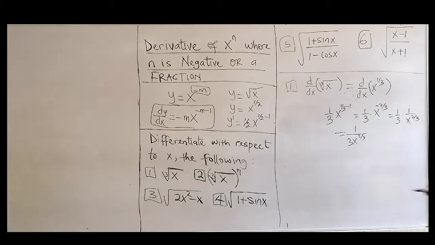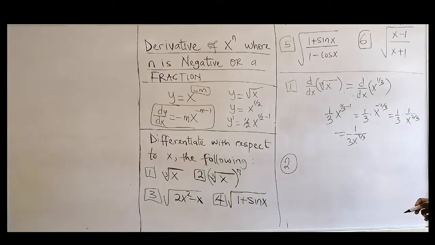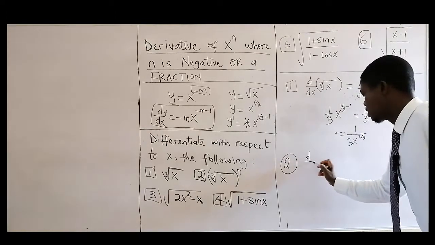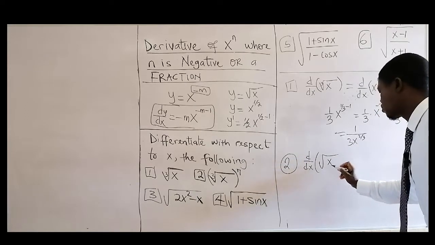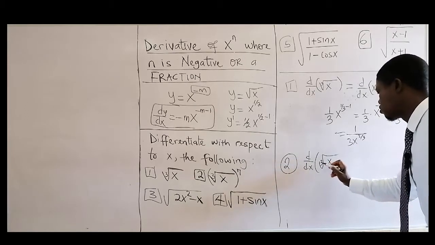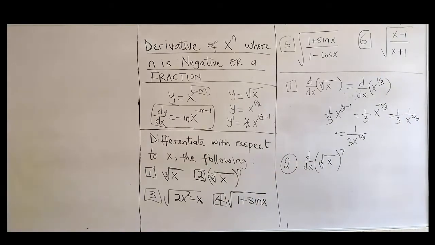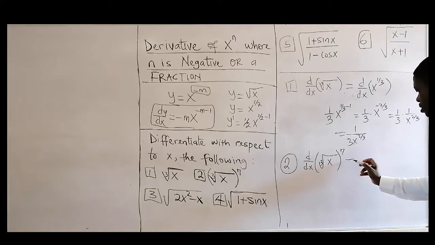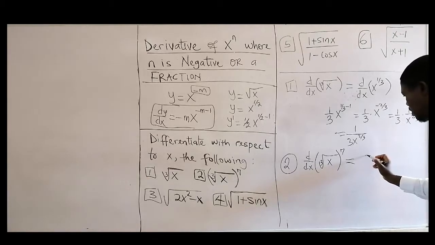And that will take us to question 2. Question 2, we want to differentiate with respect to x, which will be d/dx of the cube root of x to power 7. So as I've said earlier on, the first thing you can do for you to differentiate this is for us to remove the radical, so which will be equal to x.